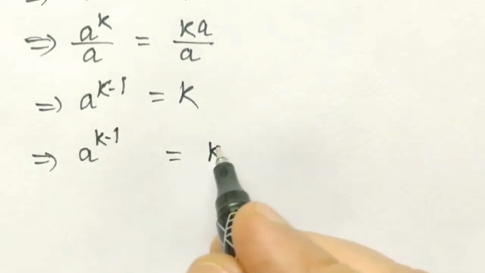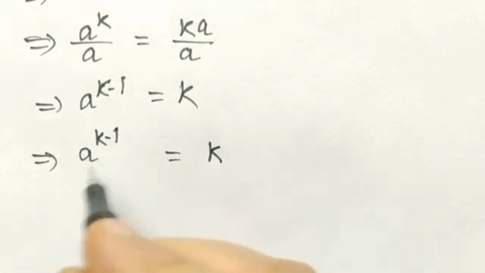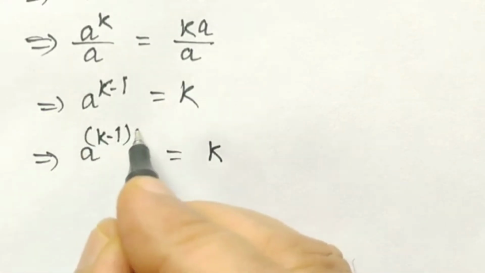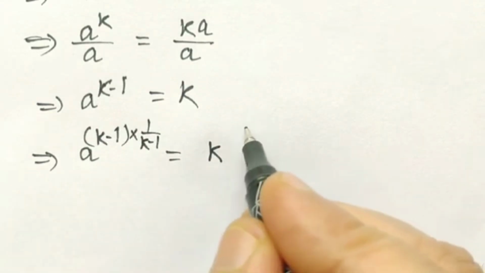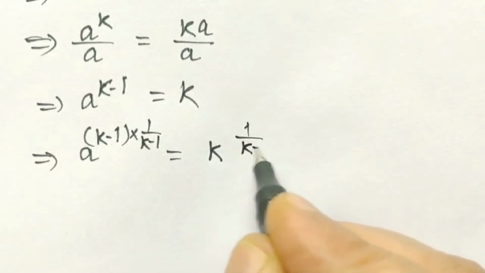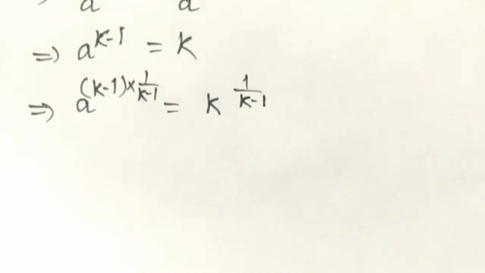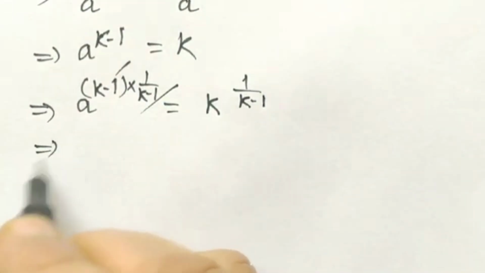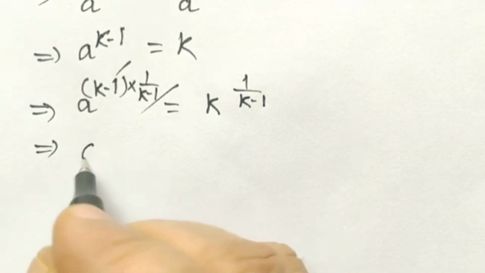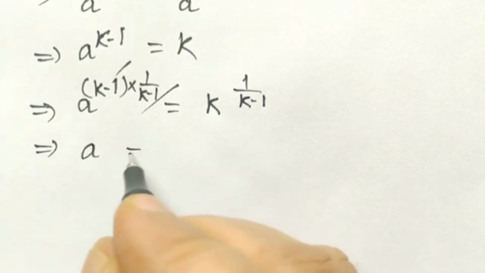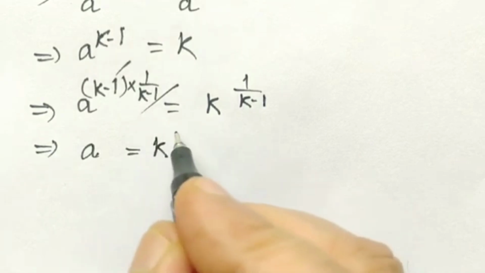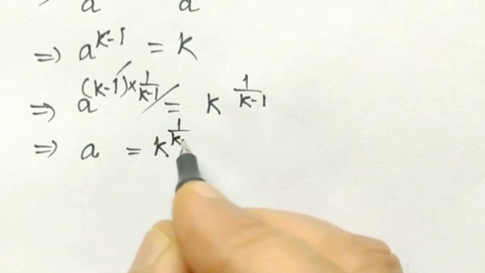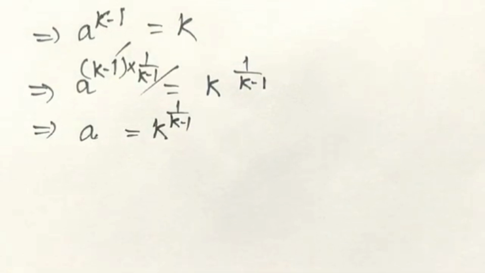If we raise both sides to the power 1 over k minus 1, this and this get cancelled out. Now we have a is equal to k to the power 1 over k minus 1.